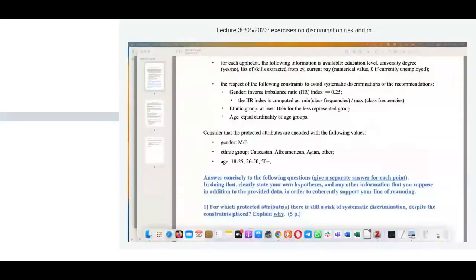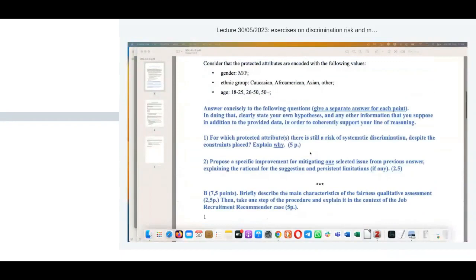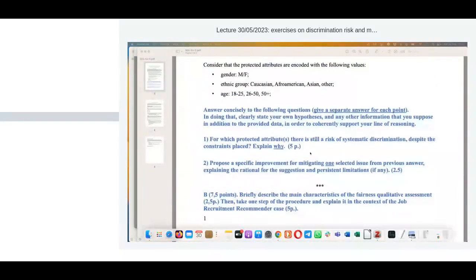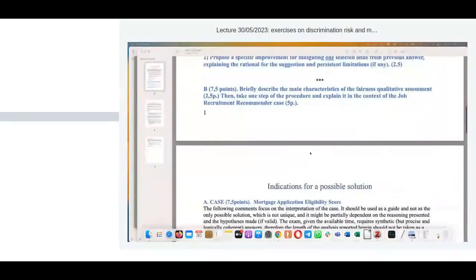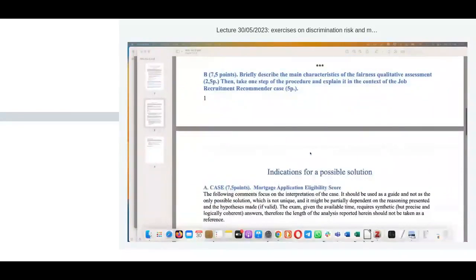As a general comment, it was possible to get the maximum of this exam by writing very few lines, because at least from my perception, this was quite, not saying easy, but you can consider this exam a good exam.